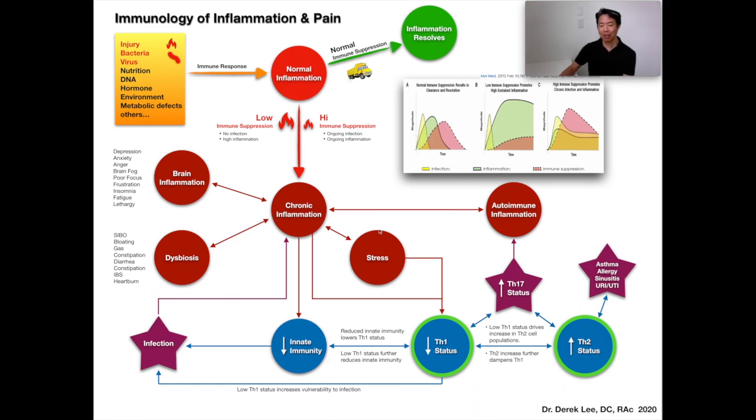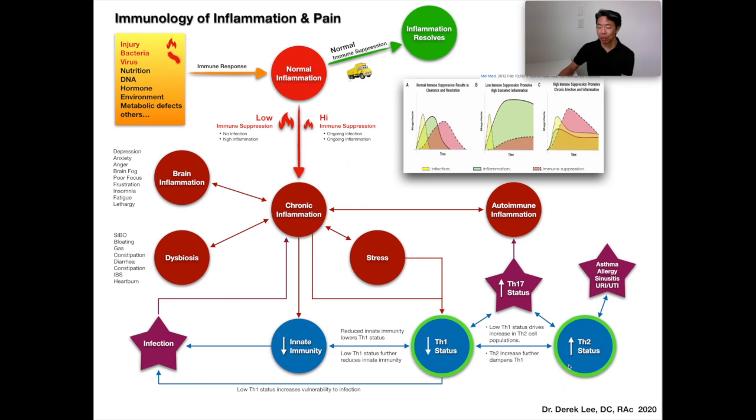So how do you deal with this whole mess? Where do you even start? The way to start is to discover what your Th1 status is, find out what your Th2 status is. I'll provide 2 questionnaires which will help you determine these.